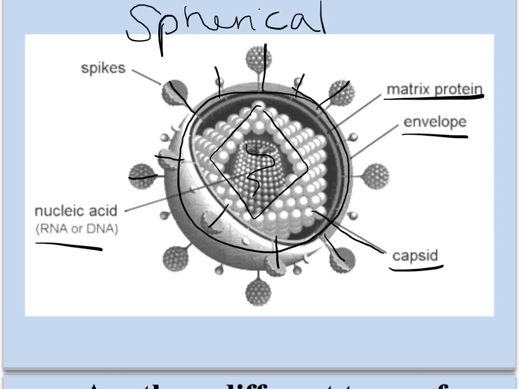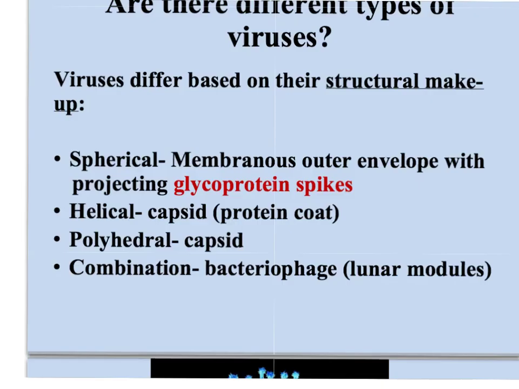So are there different types of viruses? Viruses differ based on their structural makeup. You can have spherical, which we just talked about, so membranous outer envelope with projecting glycoprotein spikes. You can have a helical virus, which is capsid and the proteins wind in a helix like this. You can have polyhedral.